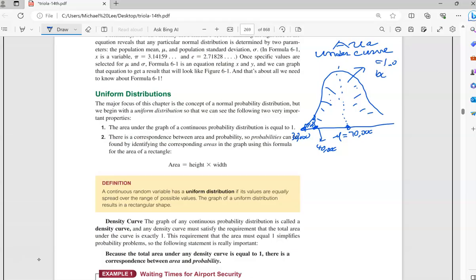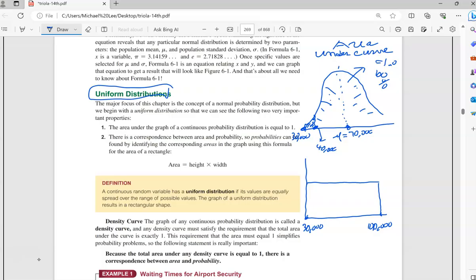1 means 100%. But what is uniform distribution? Uniform distribution is, say this is 30,000 and say this is maybe 100,000. That means there are not many poor people. They are all equal.